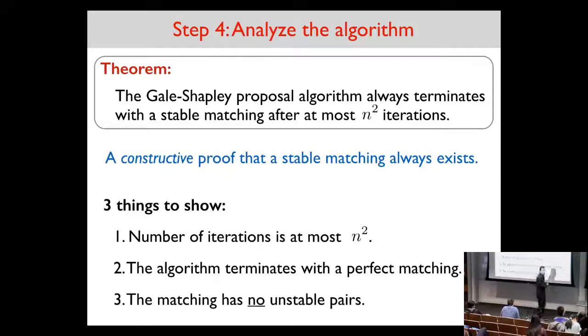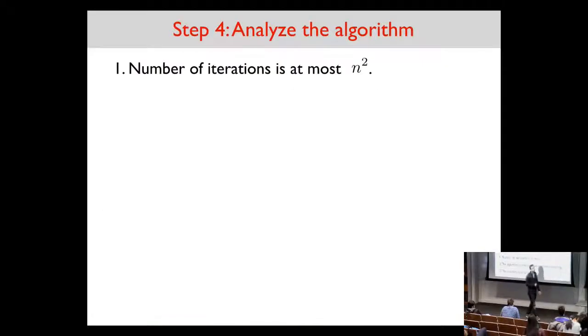And then the second part of the definition of a stable matching is that it should not contain any unstable pairs. There should not be any pair of a guy and a girl who prefer each other over their current partners. Okay, so we're going to show these three things, and that will be enough to prove the whole theorem. Okay, so let's do number one.